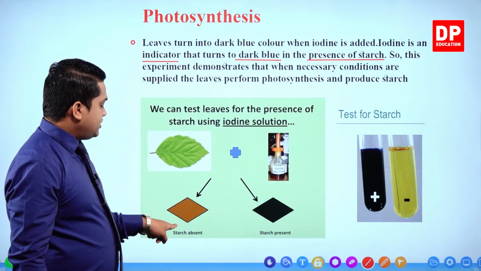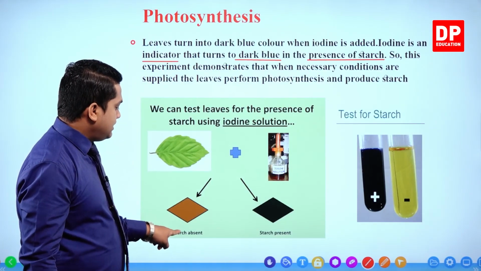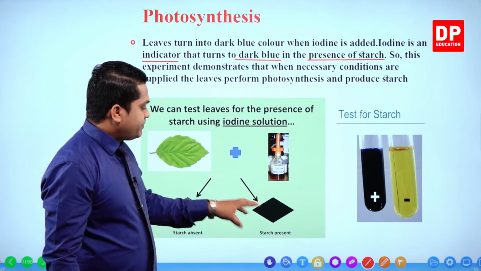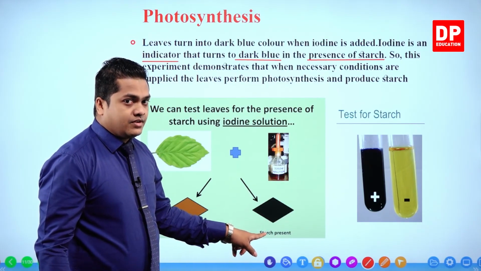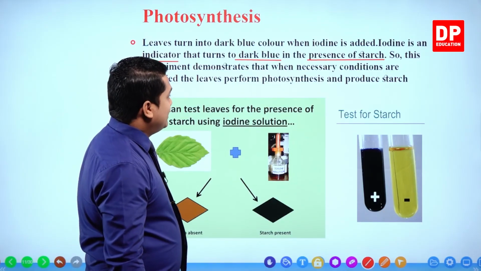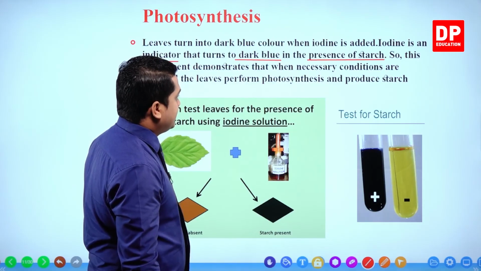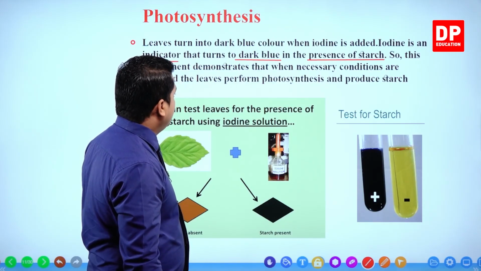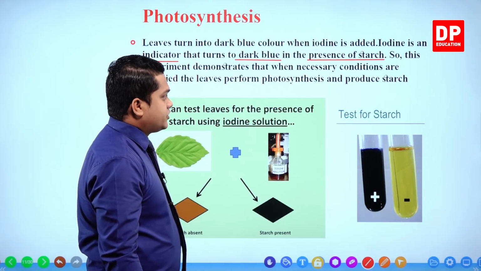When starch is absent, you can observe the normal brownish yellow color like this. When starch is present, it turns into a blackish blue color like this, right? Dark blue color like this. So this experiment demonstrates that when necessary conditions are supplied, the leaves perform photosynthesis and produce starch.